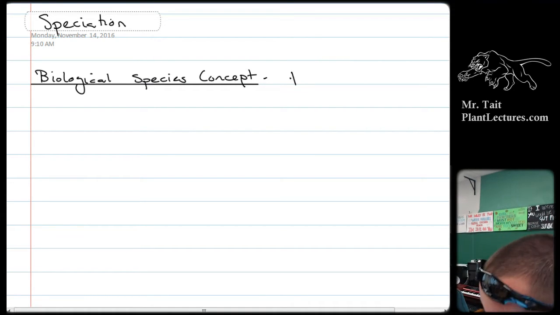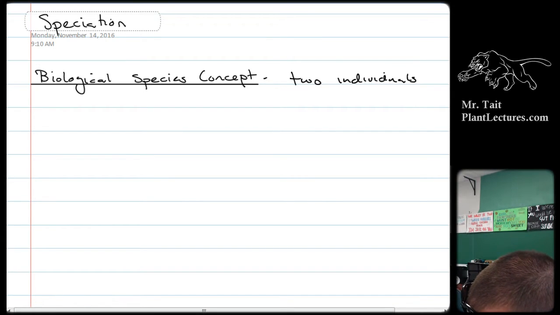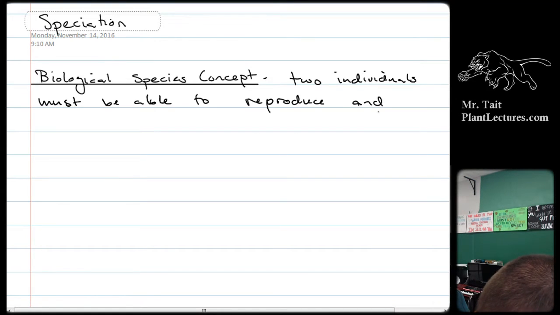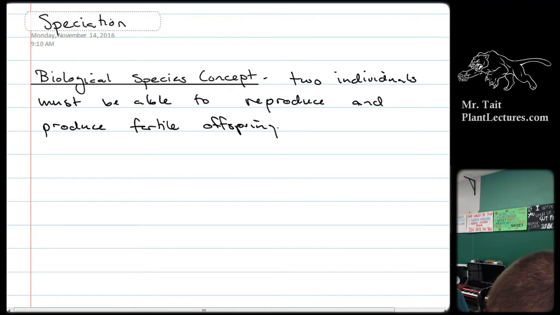And it says two individuals must be able to reproduce and produce fertile offspring to be members of the same species.